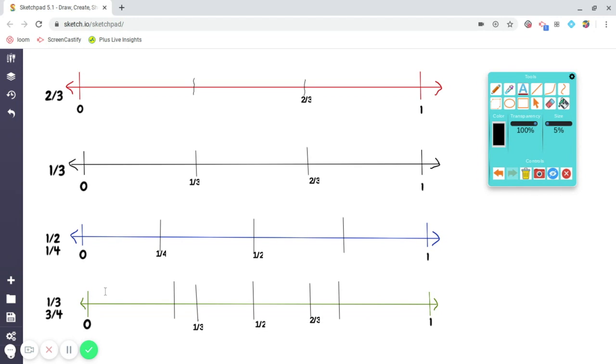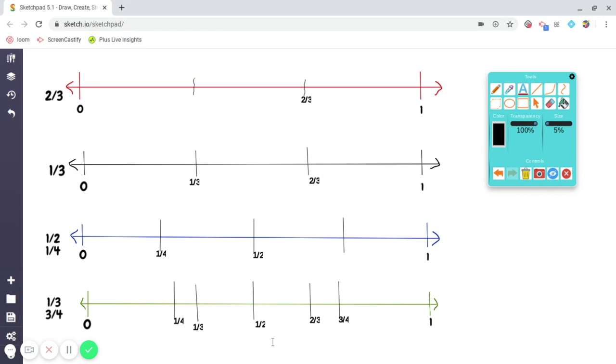Well, if I go from 0 to this line, that's only one section. So that would be 1/4. If I go from 1/4 to 1/2, or to the middle, that would be 1/2, or 2/4. Then if I went from 2/4 and added another section, I have 3/4. And so there is where 3/4 would be labeled.